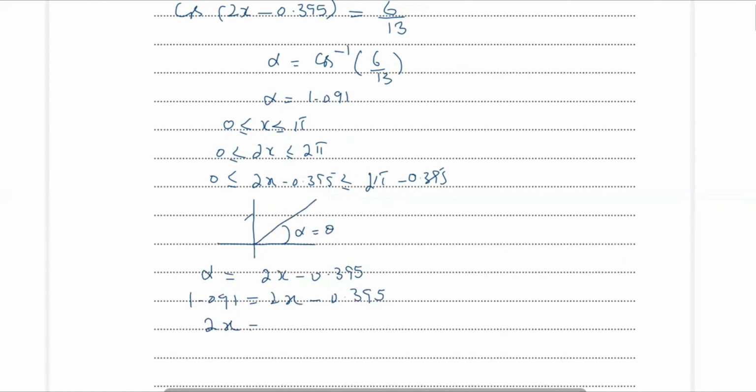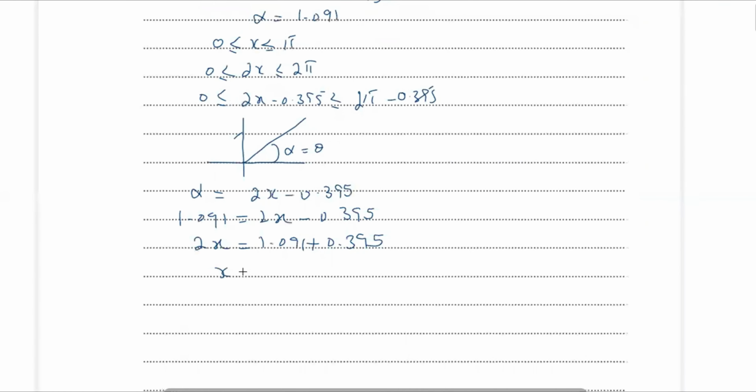Therefore 2x will be equal to 1.091 plus 0.395. x will be equal to that value, 1.486, divided by 2, that value will be equal to 0.743.